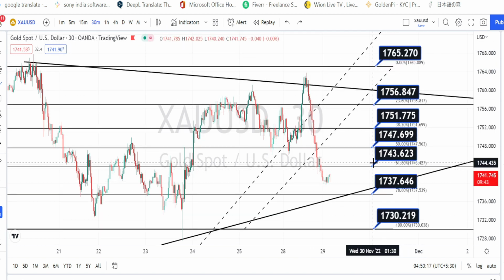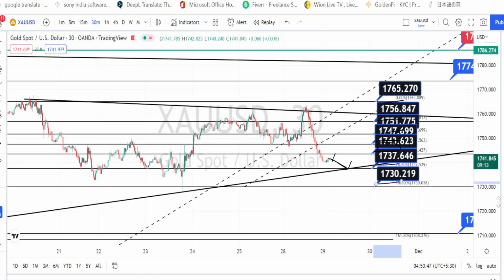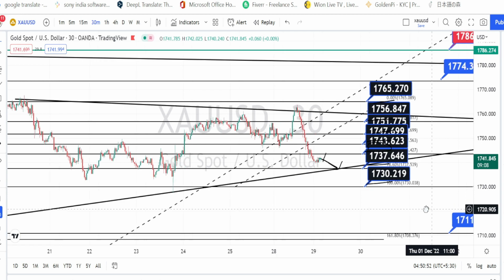And currently the price action is trading between the resistance level of 1743. Once the price action breaks this resistance level, next level of resistance it's going to be around 1747, 1751, 1756 and 1765. And if the price action breaks the support level of 1737, next level of support is going to be around 1730, and please refer the higher time frame support levels for the remaining supports.